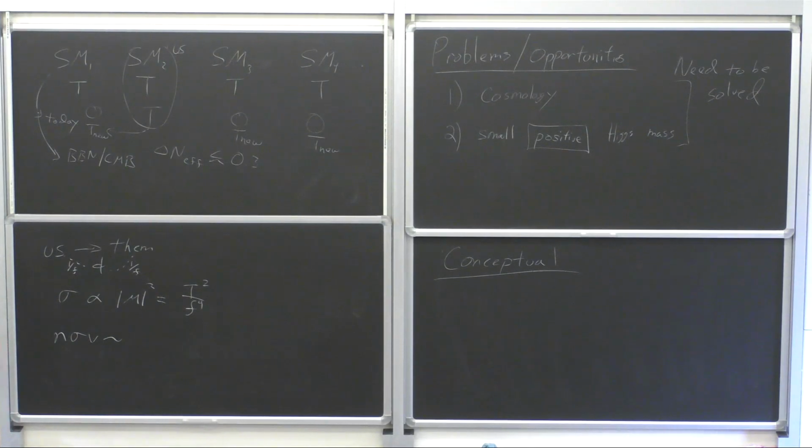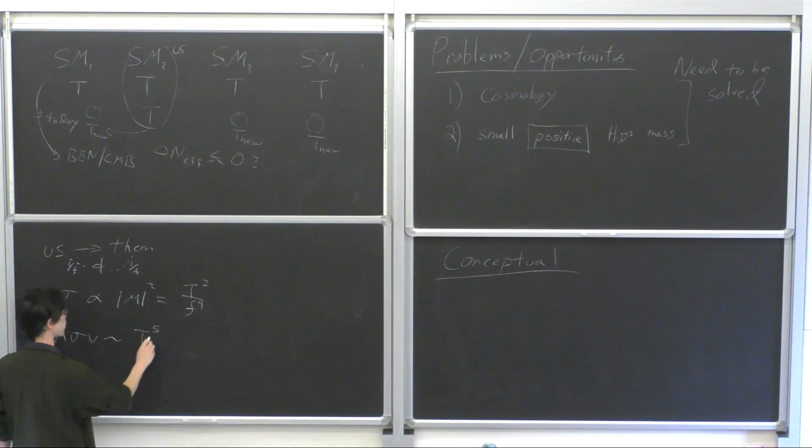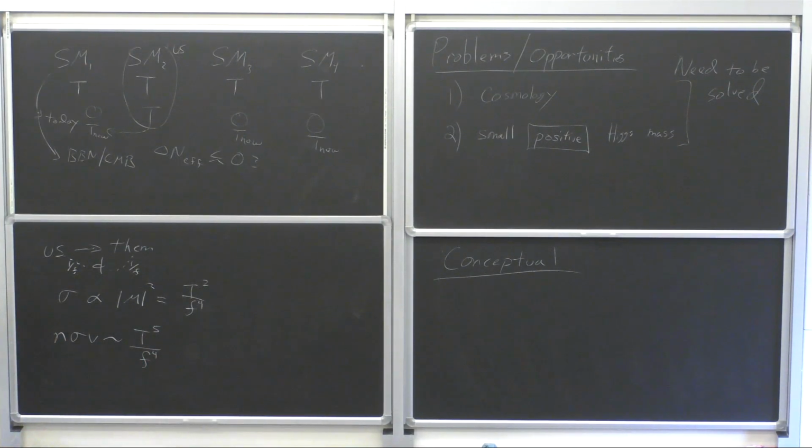So the rate of production, d/dt, we're just going to get units of time. So this is going to be what? T to the 5th over f to the 4th. This is in units of inverse time. So gamma is 1 over this stuff.